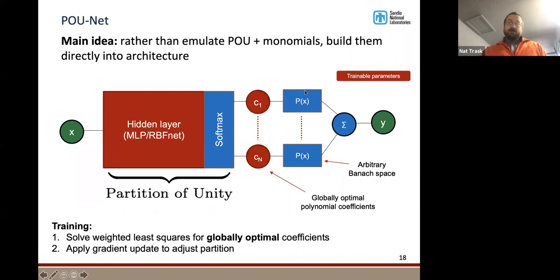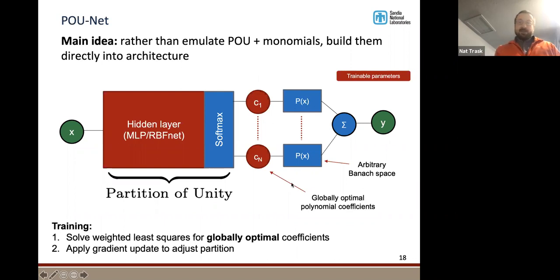And so you have this P, which is a vector for this function space, a basis for the function space. And then you have a vector of coefficients expressing on this partition an optimal representation in terms of that basis.